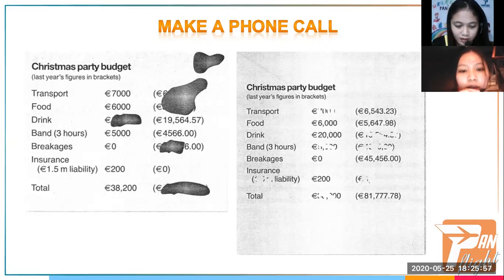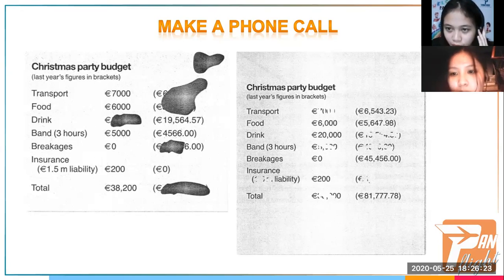And another thing is that I wonder if you could provide information on my last year Christmas party budget of transport, food, and breakages. Okay, that will be for the transport, that is 6,543.23 euros.